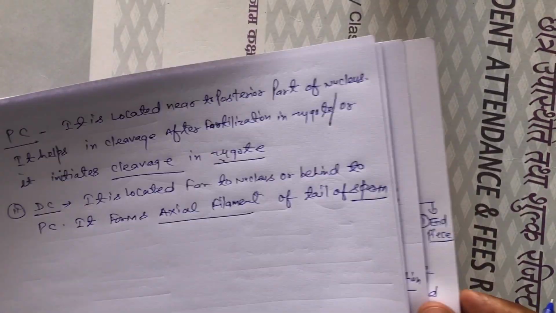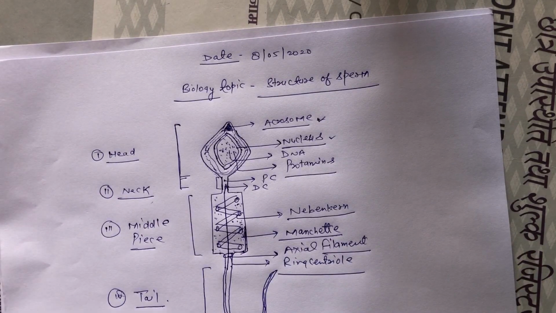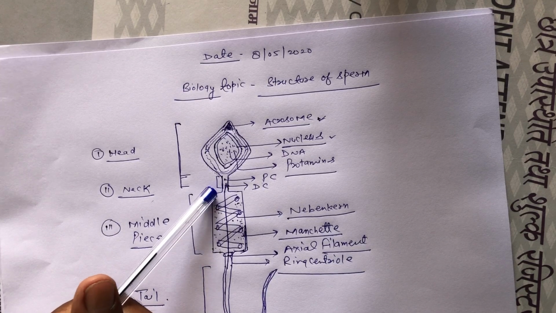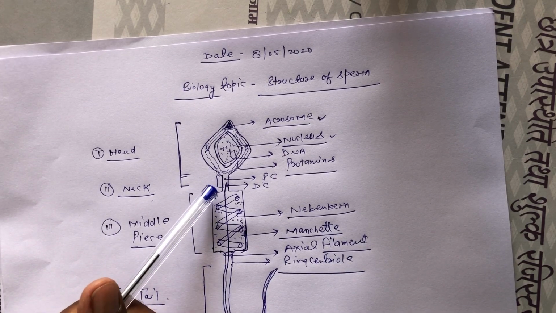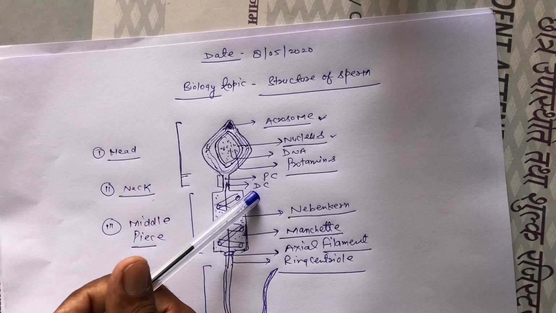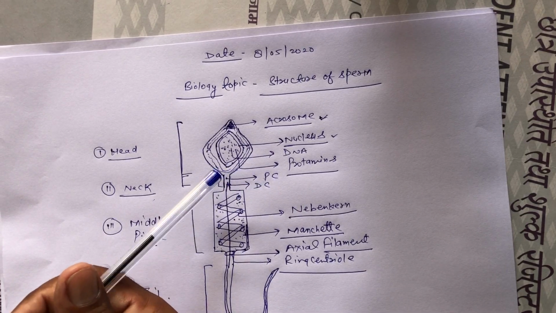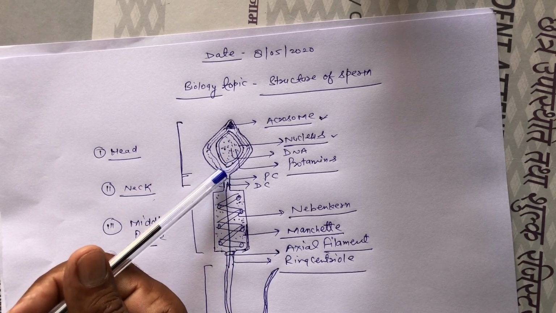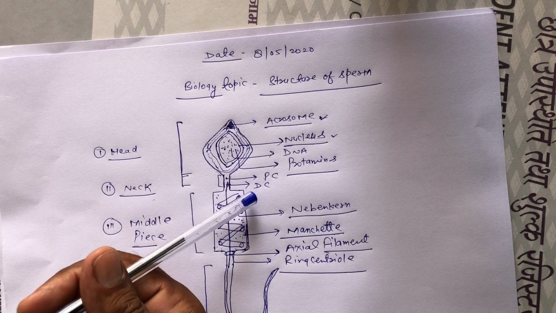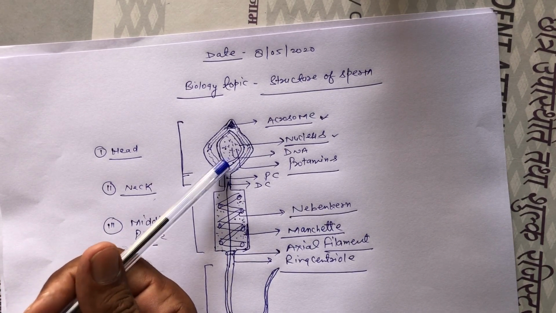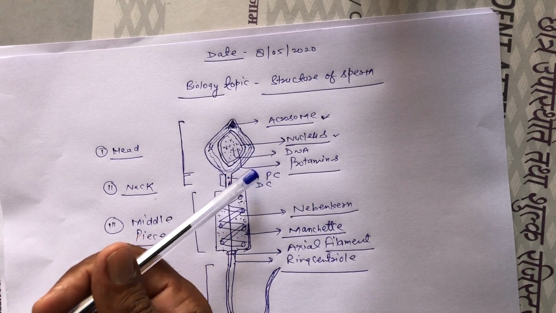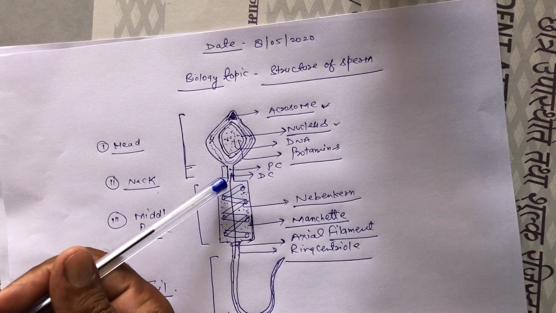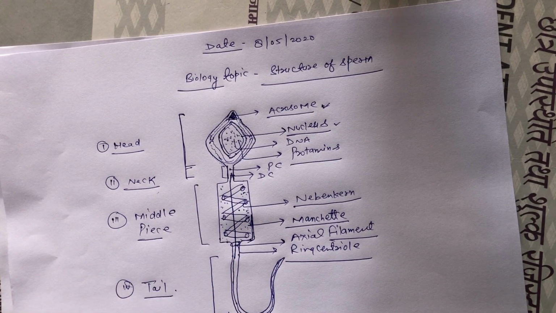Once again, students, the neck is the second part of the sperm. It is a narrow and small part. It contains two centrioles, first PC, second DC. The PC is located near the posterior of the nucleus. The DC is located far from the nucleus, behind the PC. The function of the PC is to initiate cleavage in the zygote, but the DC forms the axial filament of the tail.